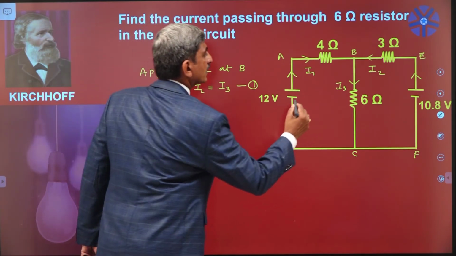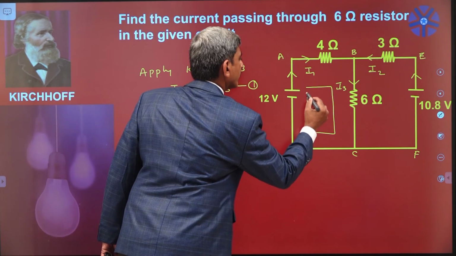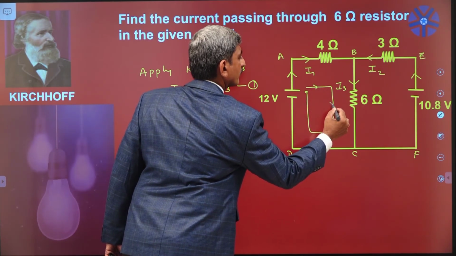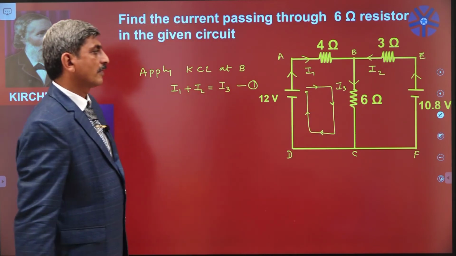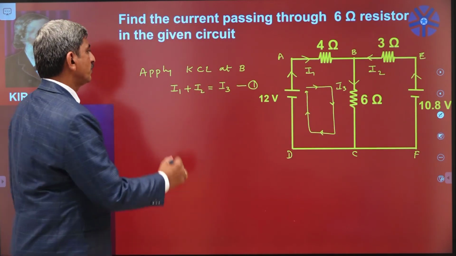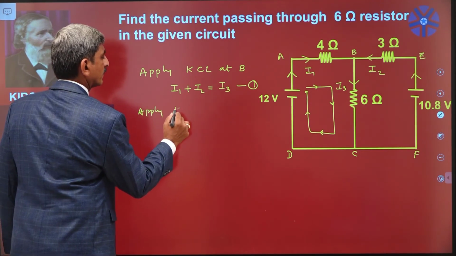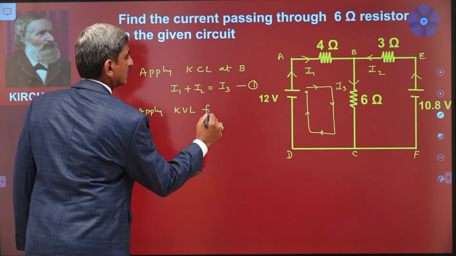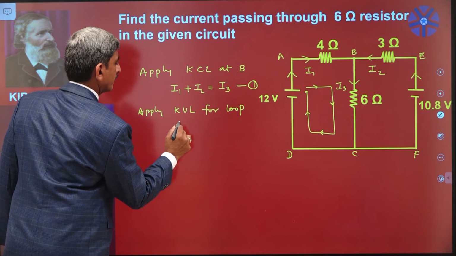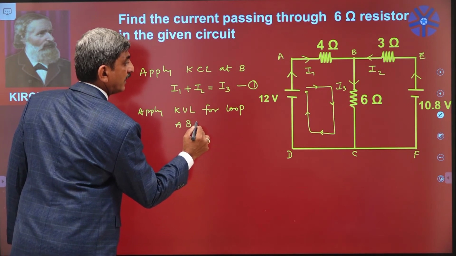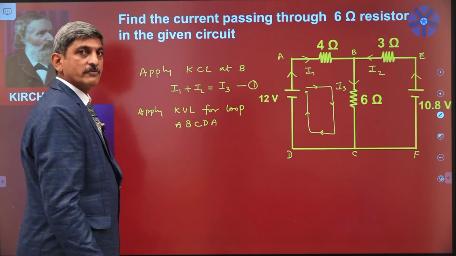First, let us consider the loop A, B, C, D, A. For that ABCD loop, applying KVL for loop A, B, C, D, A. What do we get?